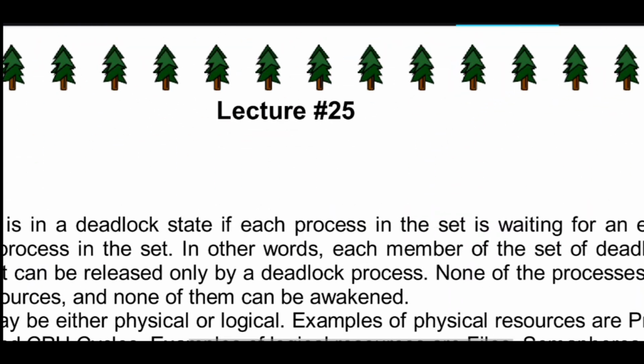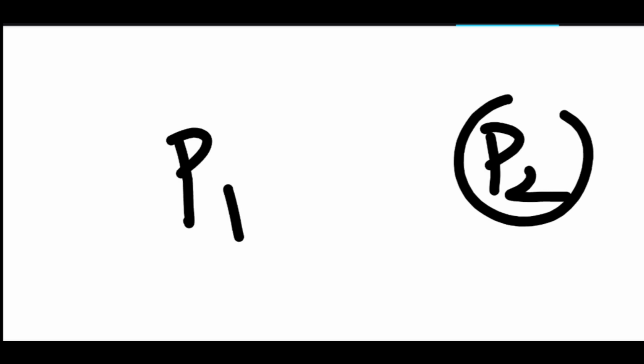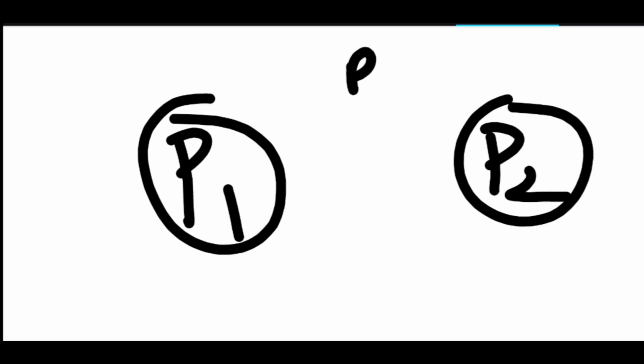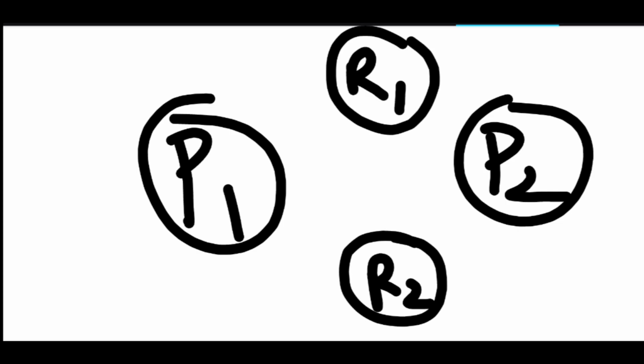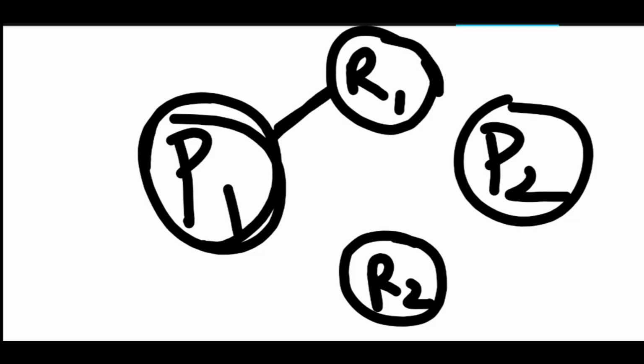I am drawing some diagrams, it's easier. I have two processes, one is P1, another one is P2, and there are resource R1 and resource R2. P1 needs both R1 and R2 to execute, and P2 needs R1 and R2 to execute. But P1 has R1 and P2 has R2.